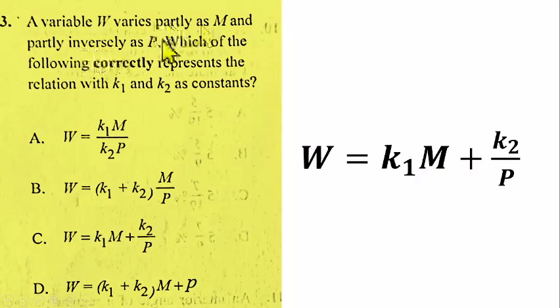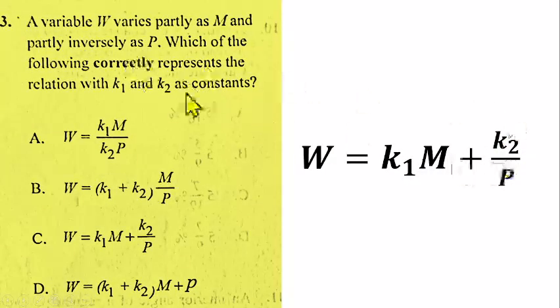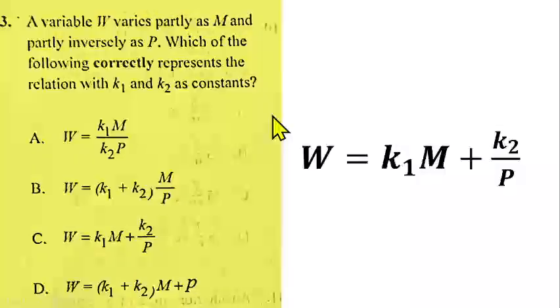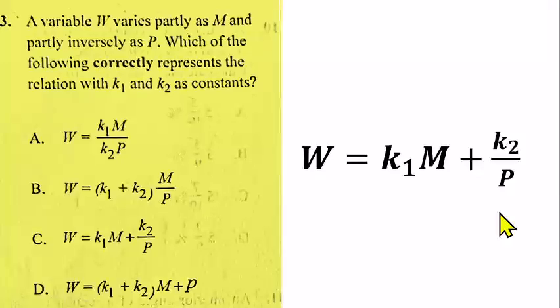This one is direct, this is inverse, so we'll be having plus. Inverse is 1 over, so that gives us a 1 over p. Then multiplying the constant k2 by the 1, we'll be having k2 over p, which is the equation that represents this joint partial variation, and I think that's option C for question number 13.